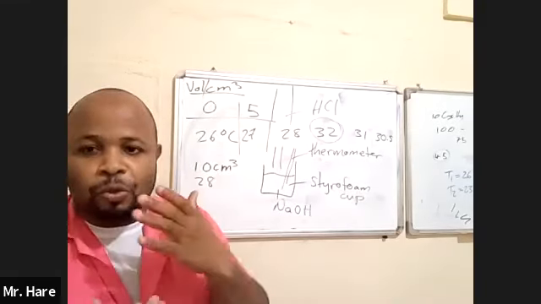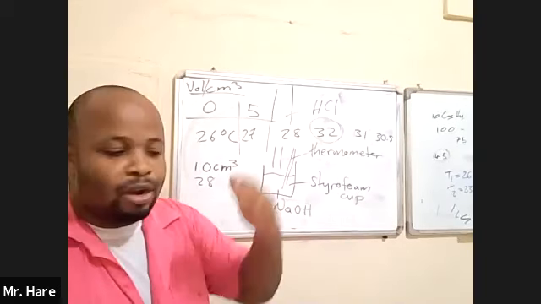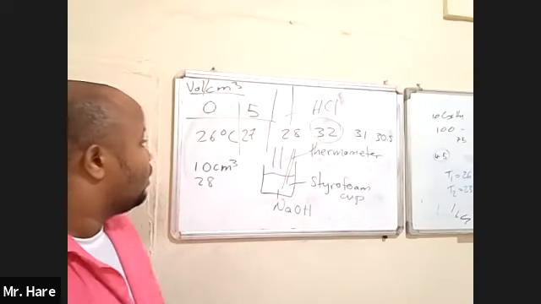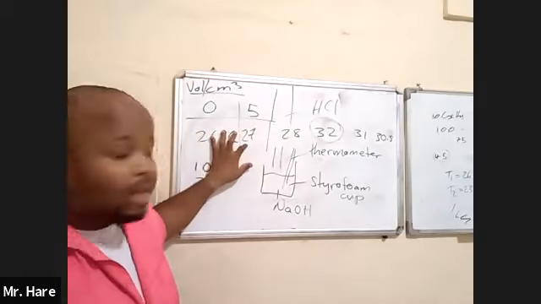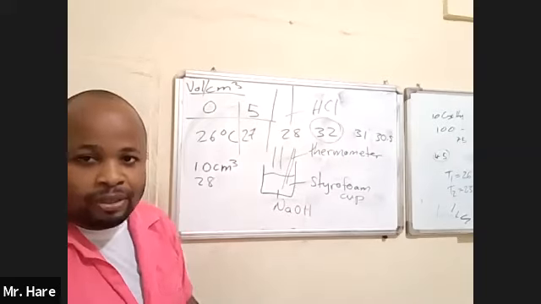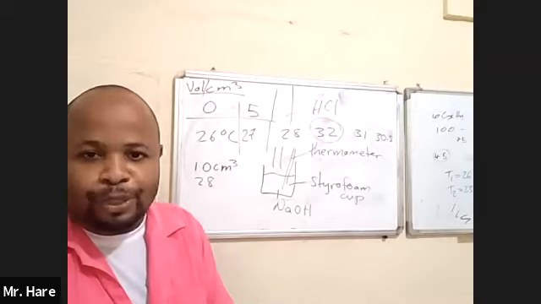Let us say we choose to use 5 centimeter cube. Each time you are going to add 5 cm cube, you record the temperature. So you add 5 cm cube, you record the temperature. You add the next 5 cm cube and you record the temperature. You keep on doing that and record the temperature.